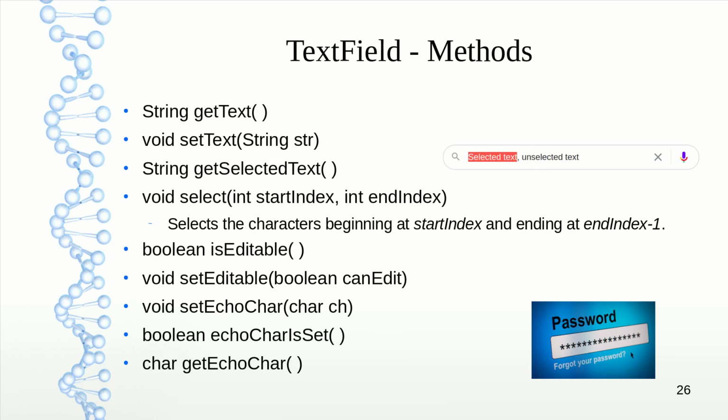Here whatever you type, only a star or another special character is echoed in the text field. It is for these kinds of situations that we use the setEchoChar functionality. Then we have the Boolean function echoCharIsSet, which returns true if the text box is already set with an echoChar. And then we have getEchoChar, which returns the echoed character.